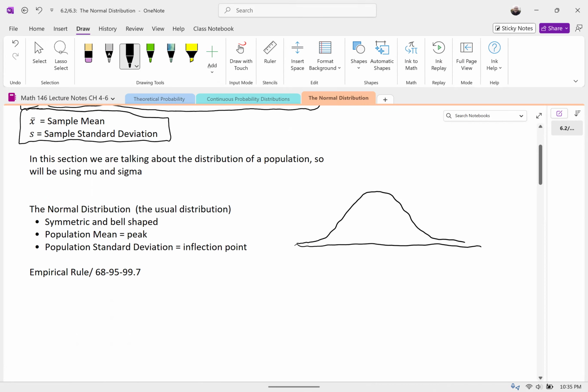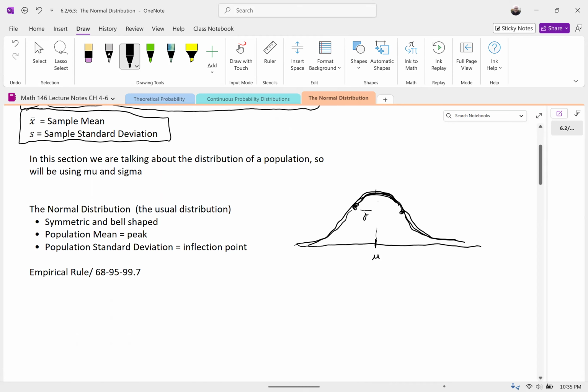The peak here in the middle is where the mean of your distribution would be. It's whatever that middle is. And for the standard deviation, there's a point on our curve where it changes from being concave down to being concave up. It's nice and symmetrical, the same distance on either side of mu. And it turns out that that distance is the standard deviation.